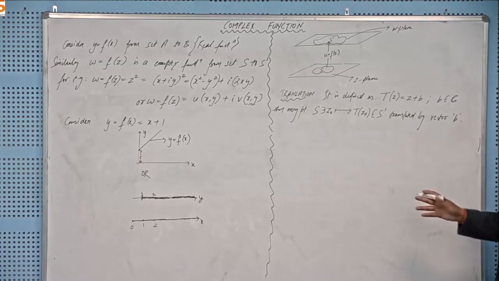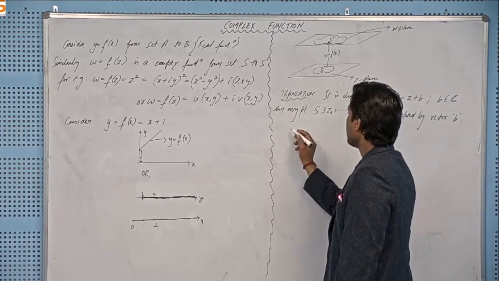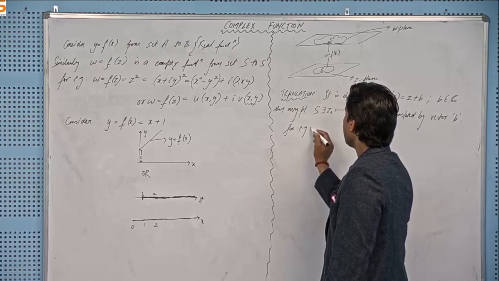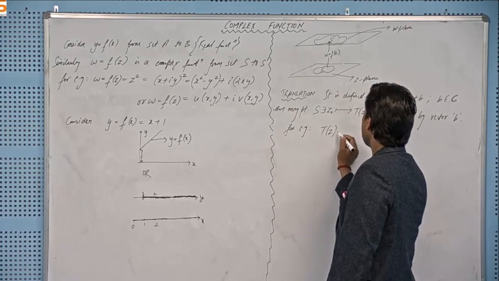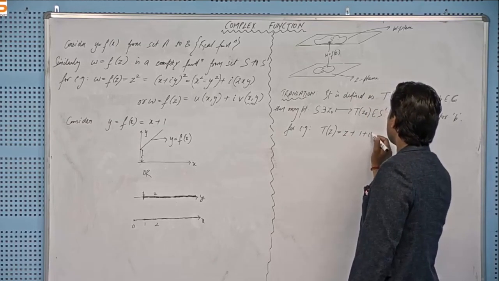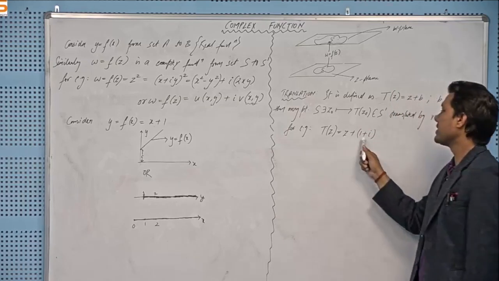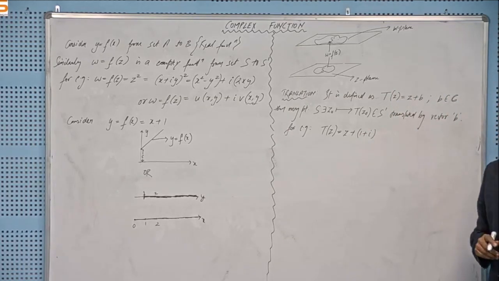And let me take a small example. Suppose I take T(z) equal to z plus 1 plus iota. You can see that in z plus 1 plus iota, this 1 plus iota is actually b, a complex number.